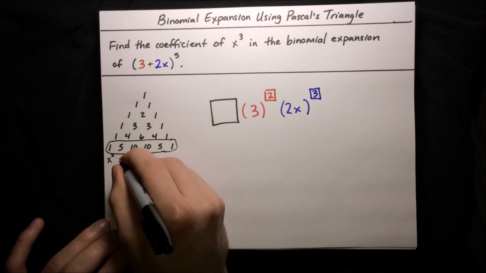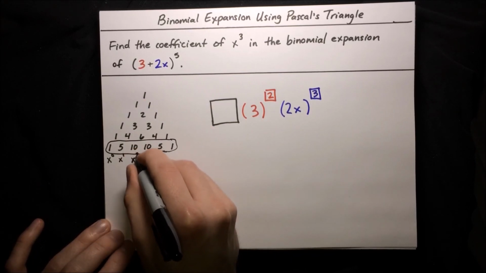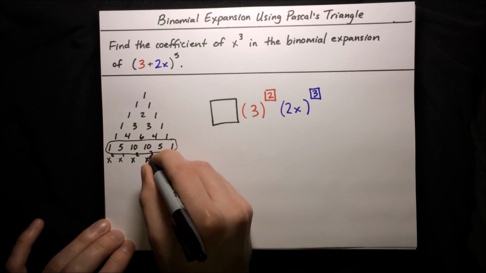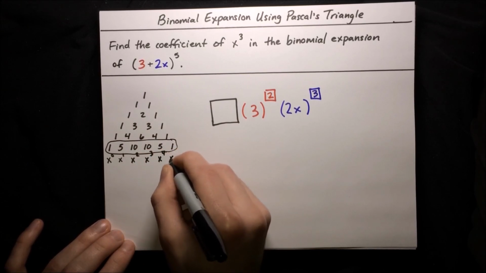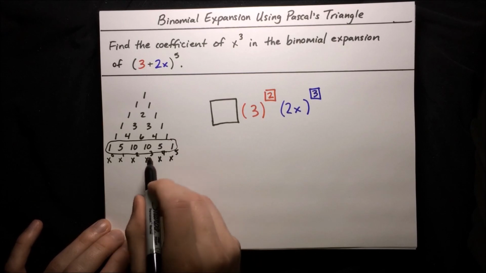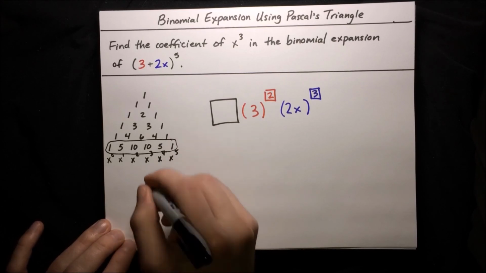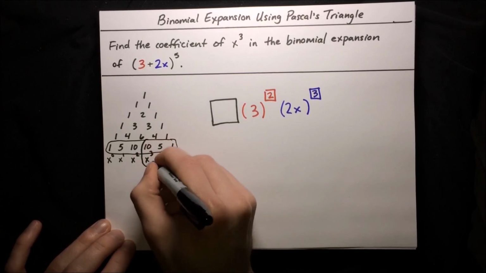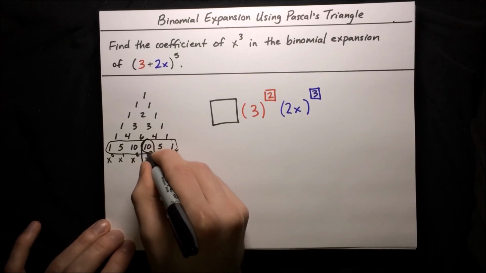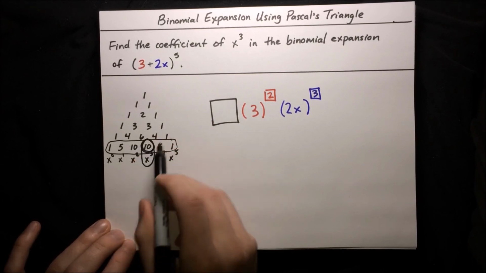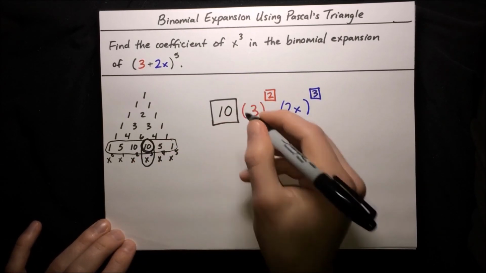And then we've got an x to the 1 coefficient, and then an x squared coefficient, x to the third coefficient, x to the fourth, x to the fifth, and the x to the third coefficient is what we're interested in. So that is just 10 here. There is our coefficient that we want. So 10 in front of here.